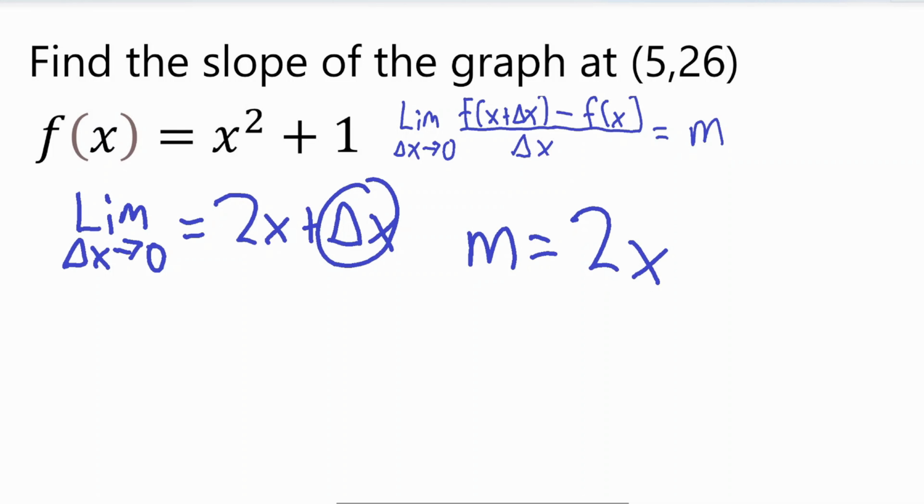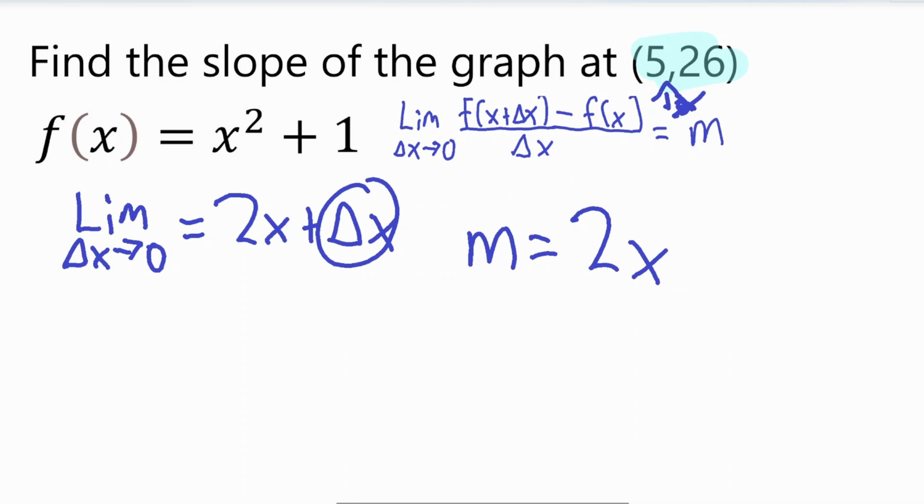Okay? But this is not the answer, because notice how we need to find the slope at the specific point (5, 26). So what do we do there? Well, we plug in our x value, which is 5.